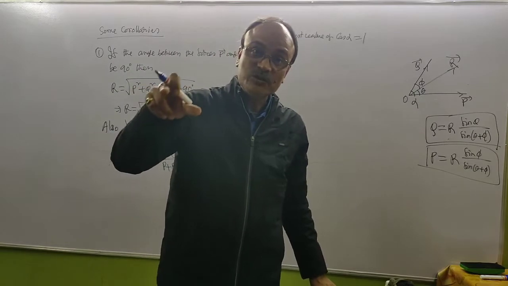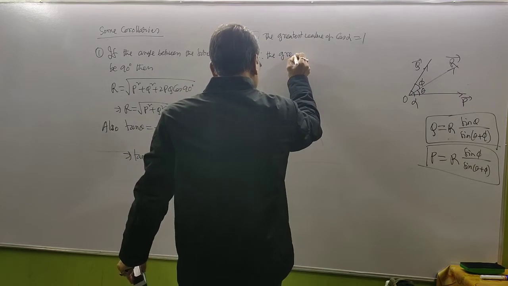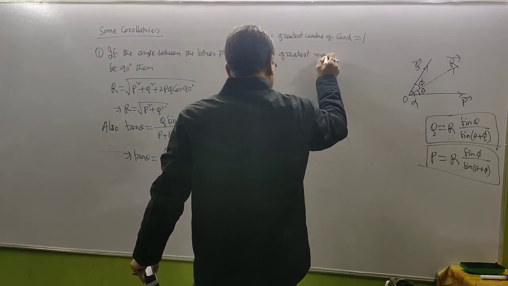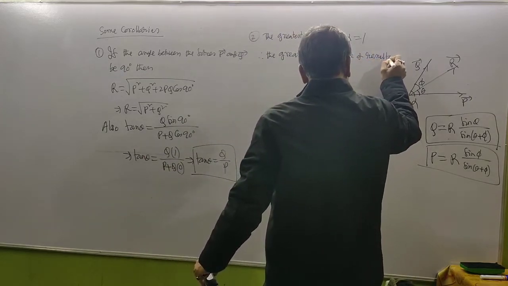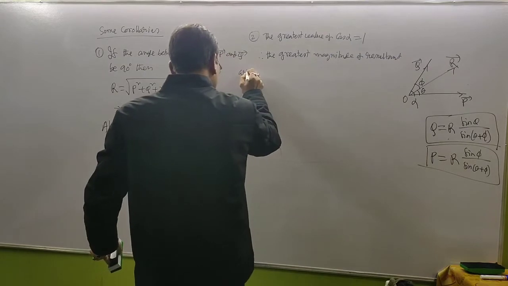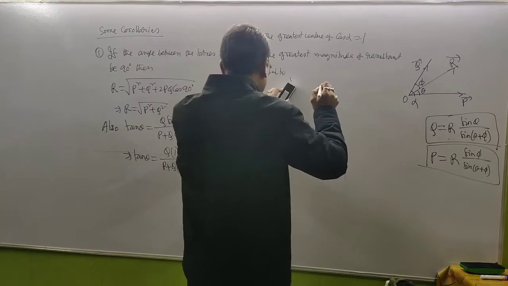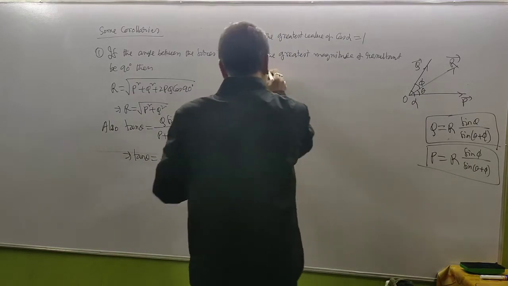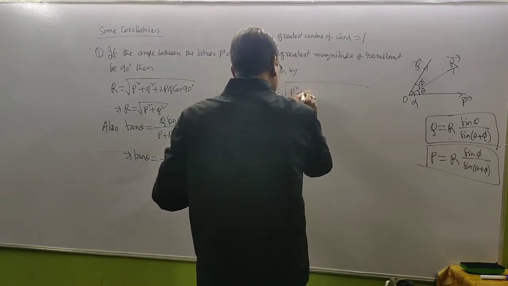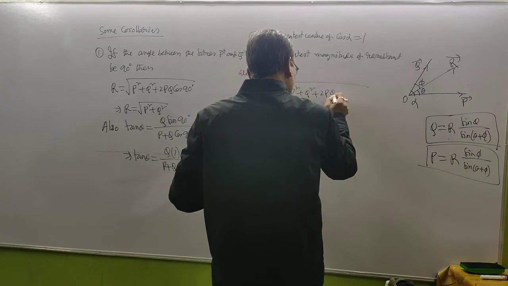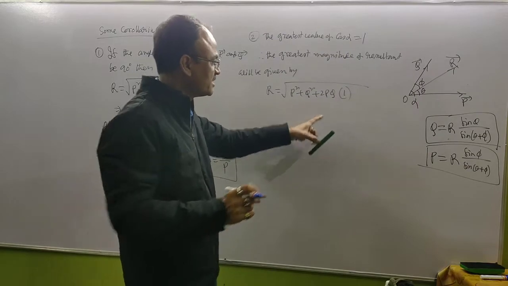Therefore, the greatest magnitude of resultant will be given by R equal to root of P square plus Q square plus twice PQ cos alpha, with cos alpha equal to 1.